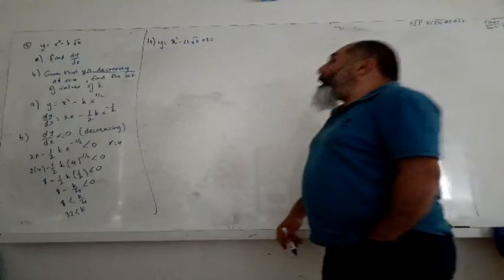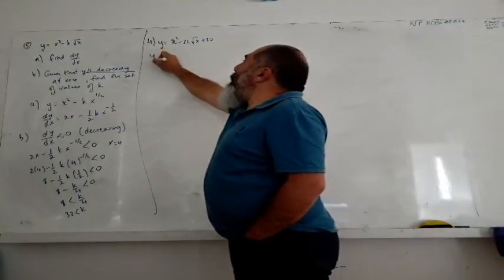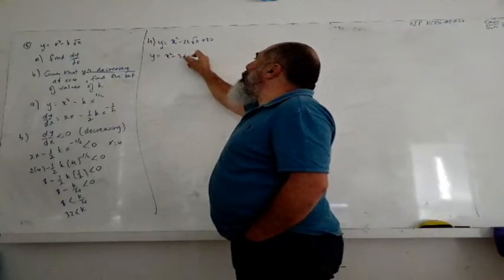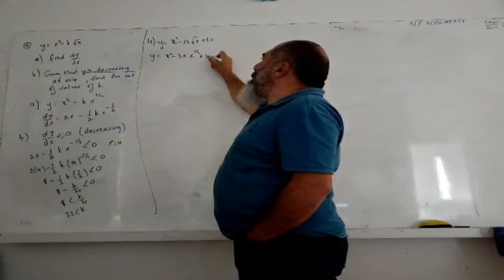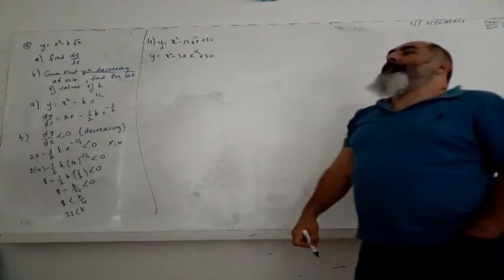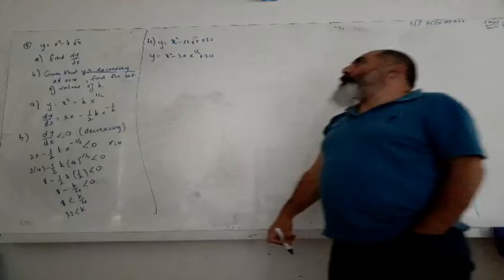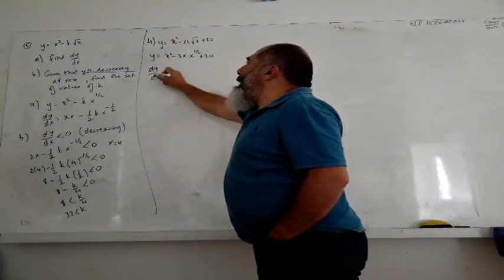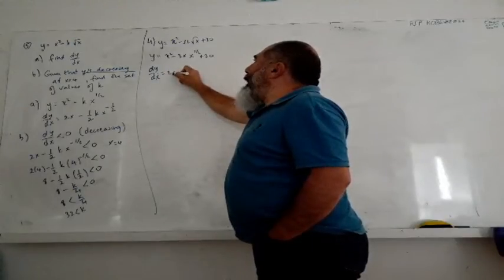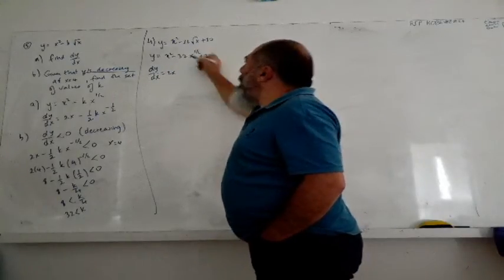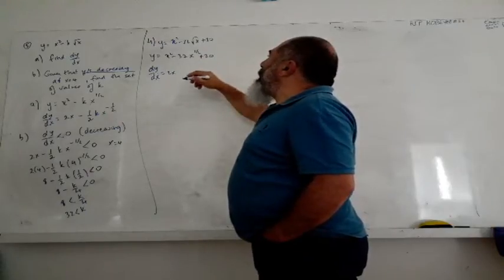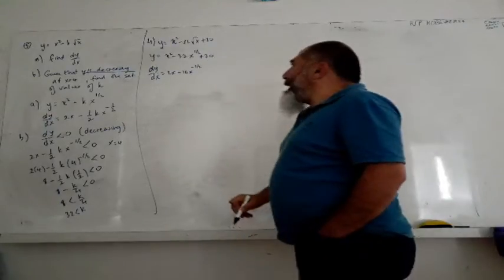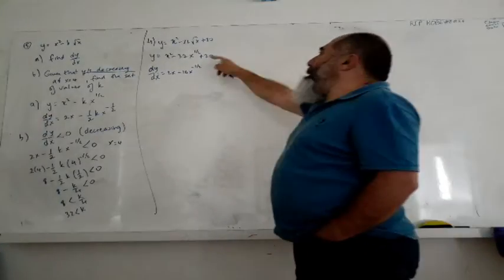Let's rewrite y as x squared minus 32 x to the power of 1 over 2 plus 20. To find the coordinates of the turning point, the first step is to find dy over dx: 2x, and we have 32 here. 32 times 1 over 2 is minus 16, and minus 1 over 2 as the power here. And plus 20 has no derivative.